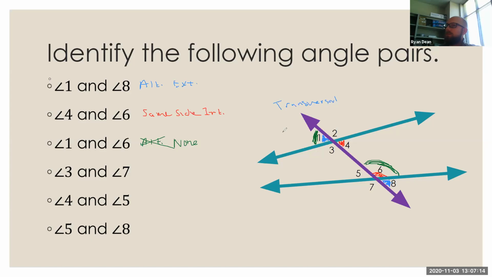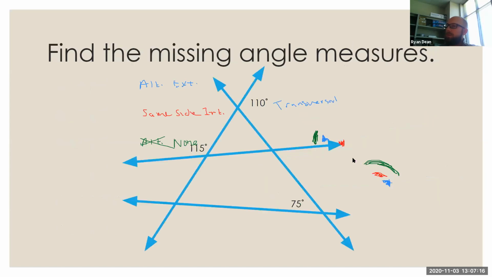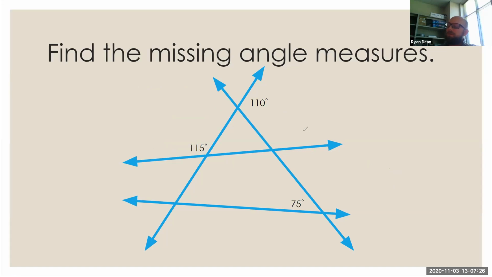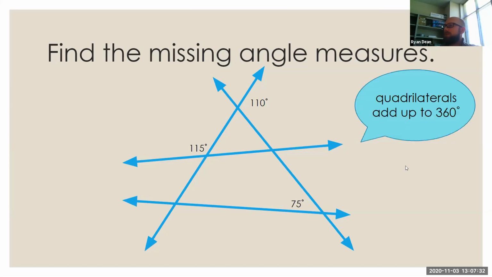So there's a few examples. What we're going to do here on this slide is use just our basic, our first two pairs to figure out what all the missing angle measures are for this picture. And a little side note is that quadrilaterals add up to 360 degrees.